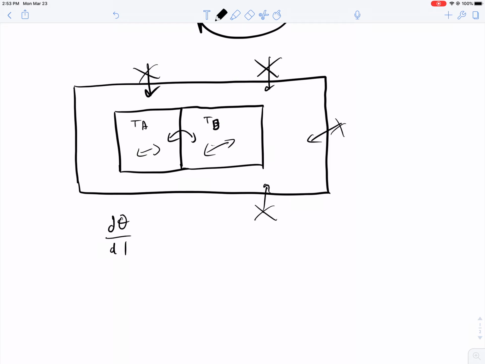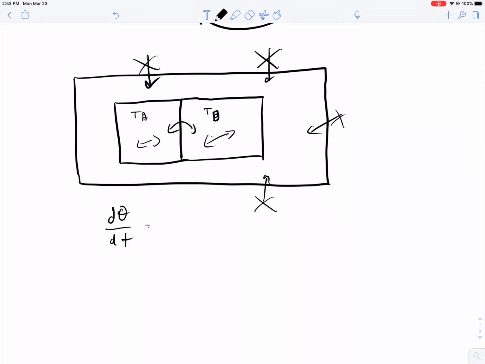We'll start with theta, d theta dt, that captures the rate of change of theta in this system.